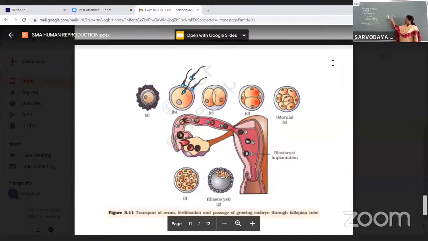Then the blastocyst is surrounded by the uterine tissue, and this completes the process of implantation.